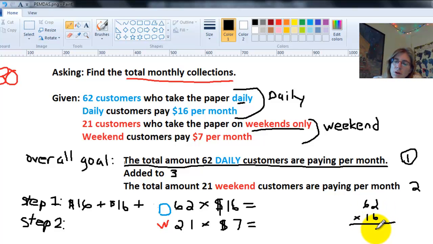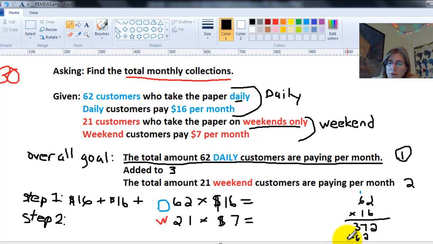6 times 2 is 12. Carry your 1 up there. 6 times 6 is 36 plus that 1, so it's 37. That's just talking about 62 times 6. We put it in the first line. Now we're going to go 62 times 1. Well, that is 62.